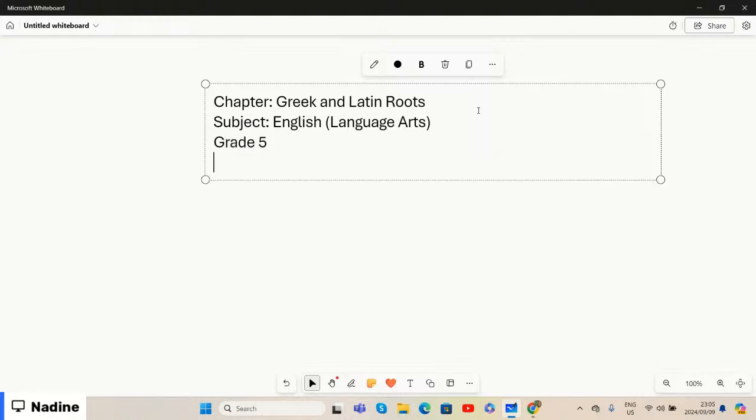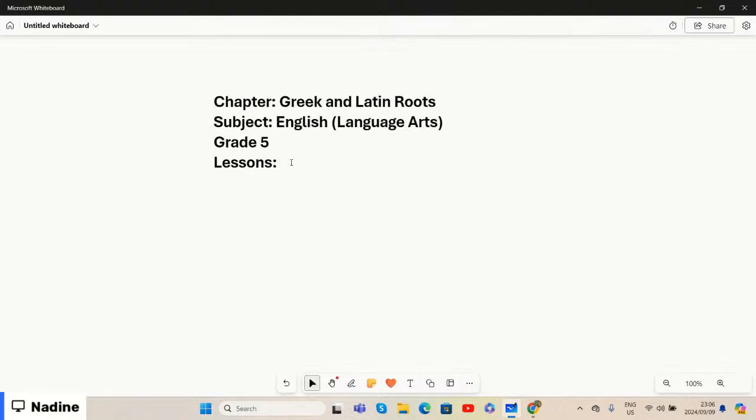Grade 5. And in the lessons that we are going to be focusing on today, under the chapter of Greek and Latin roots, we're going to use Greek and Latin roots as clues to the meaning of words.